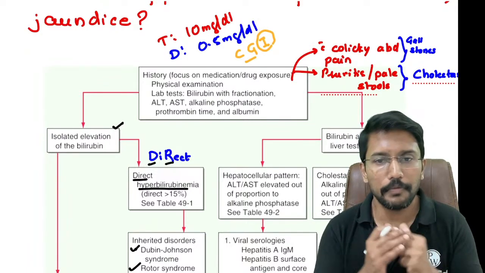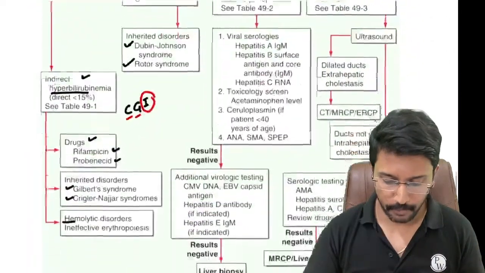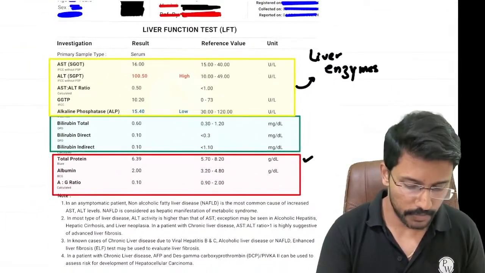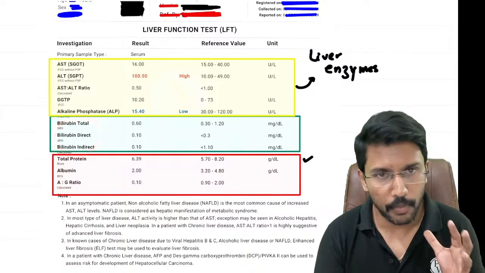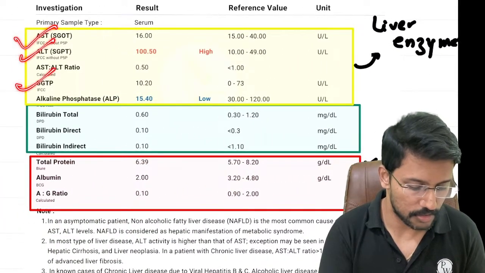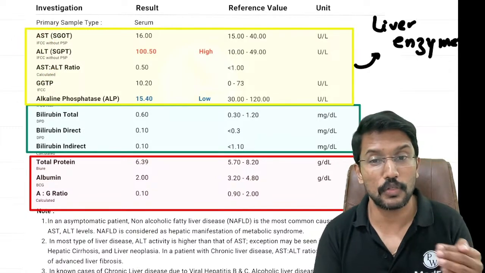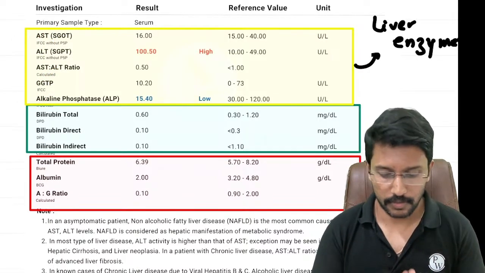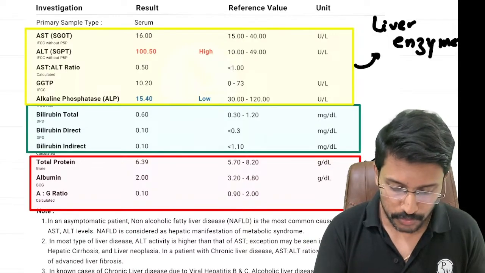Okay, but what if I encounter an LFT report in a patient with jaundice where it is not only the bilirubin which is elevated? Apart from the bilirubin, the enzymes, the AST or ALT, GGT or alkaline phosphatase are also elevated. In that case, how do I approach, right? In that case, the approach is going to be pretty simple.